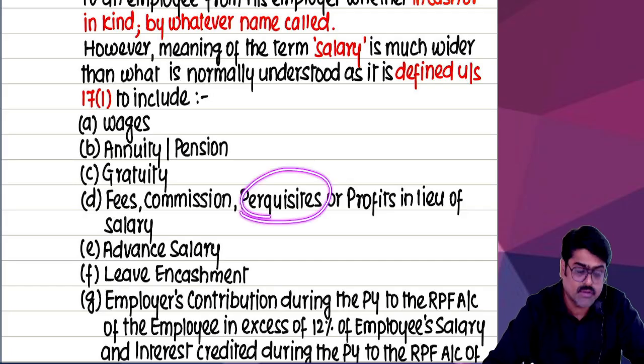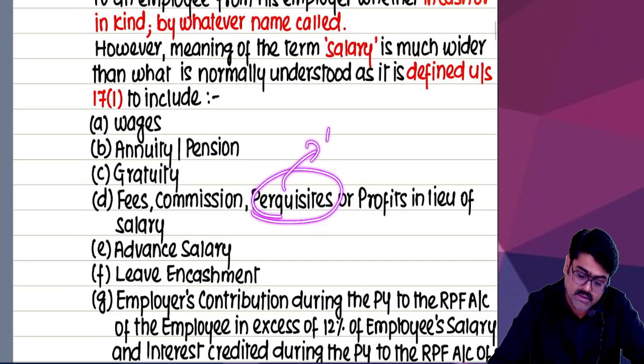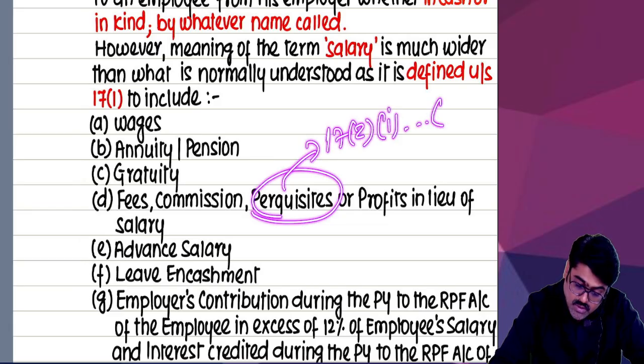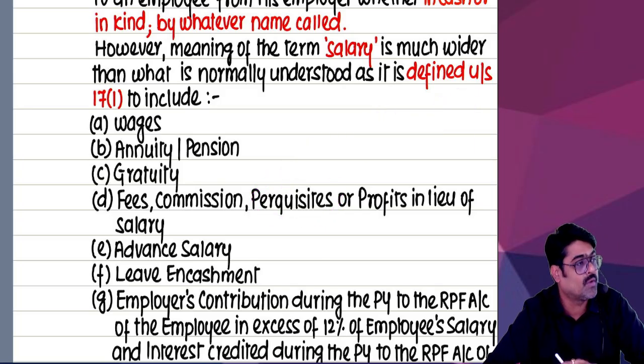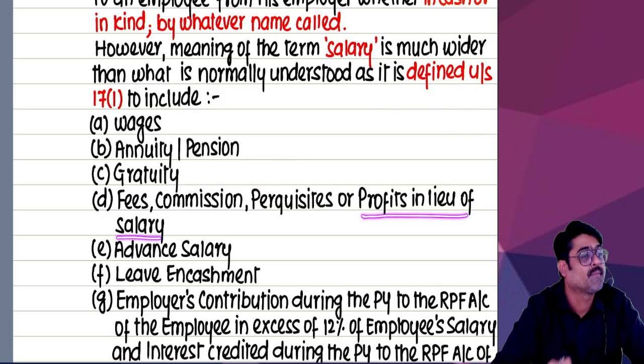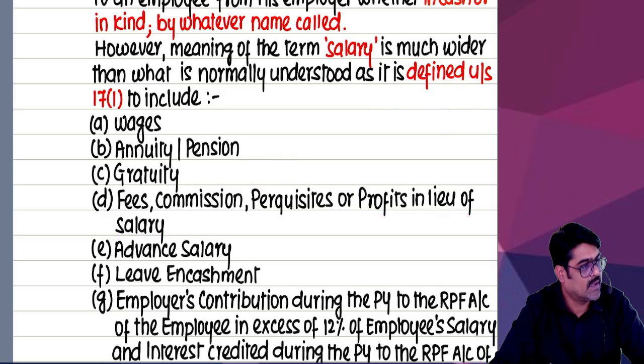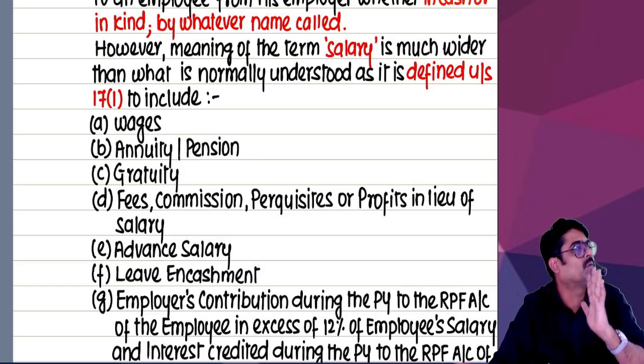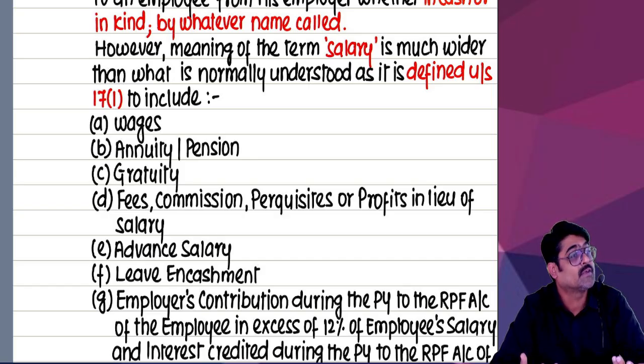Have we done the perquisites? Under section 17 subsection 2, clause 1 to clause 8, all the perquisites which are given in 17.2, we have already covered. Now only this part is remaining, only profit in lieu of salary. In 2 minutes this will be over and the chapter is done.